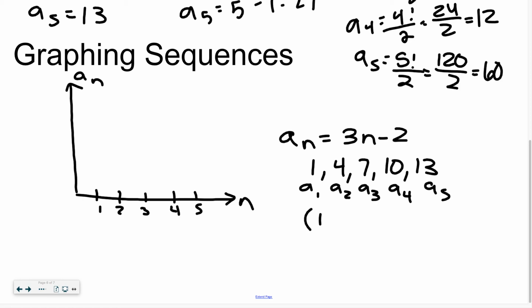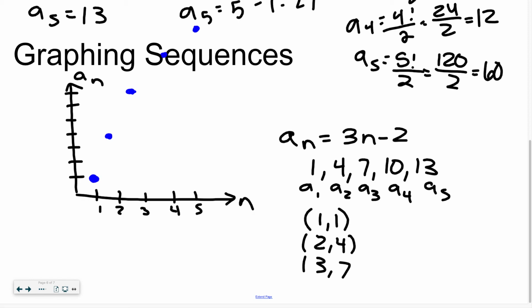We can plot those as ordered pairs: 1, 1; 2, 4; 3, 7. Put some points there. There's a point at 1, 1. There's a point at 2, 4. There's a point at 3, 7. And the next one would be 4, 10. And then 5, 13.